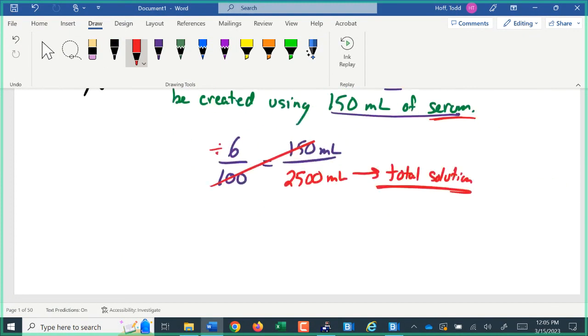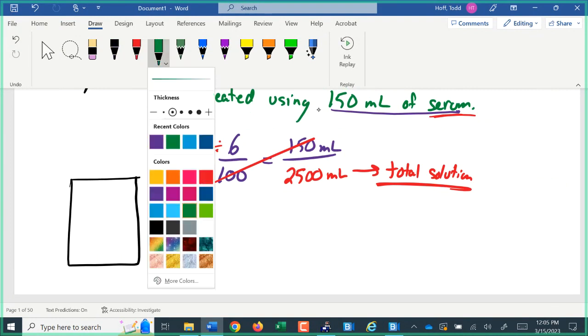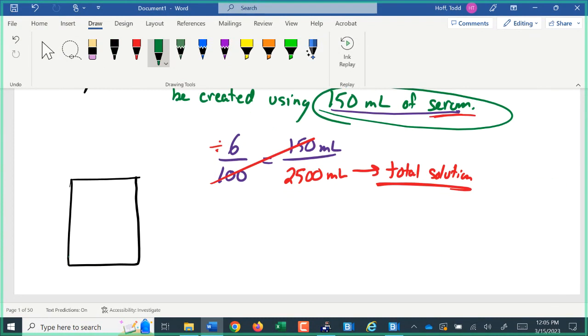So the process there is to take whatever measuring device, whether it's a beaker or graduated cylinder, and put in the serum first, 150 milliliters of serum first. That would go on the bottom. And then you would simply fill with sterile water until you hit that 2,500 milliliter mark. And once you hit that mark, you have reached that point.